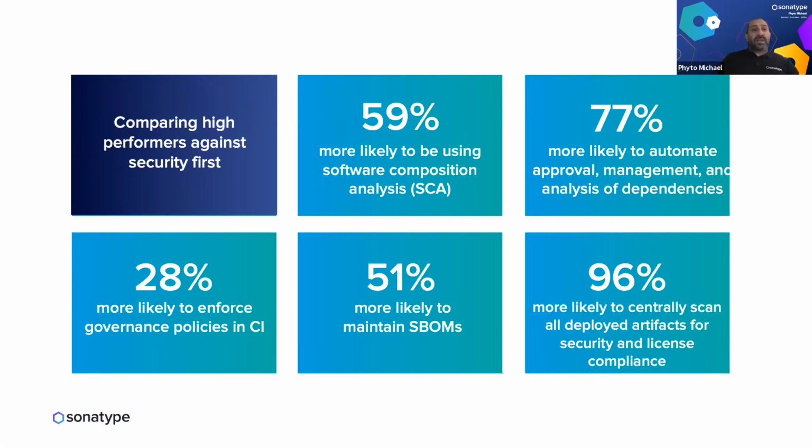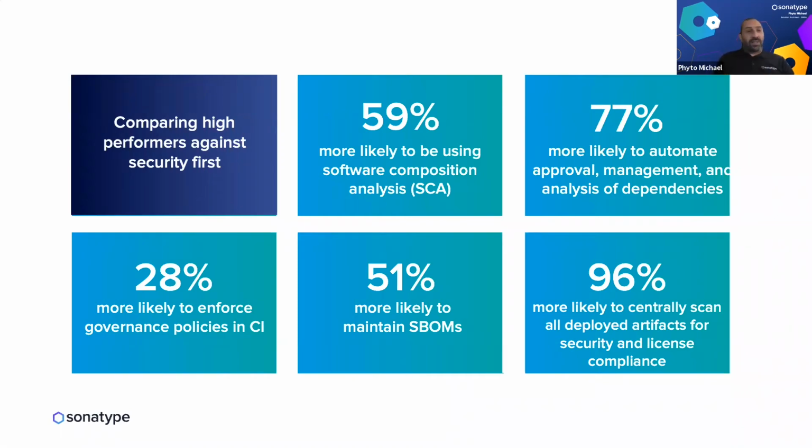They can enforce governance, so they have policies in place to enforce during the CI process. So do they fail builds? Do they provide information to the developer at the desktop? Do they have a software bill of materials? Do they really understand what goes into their software and actually how that software is compiled?